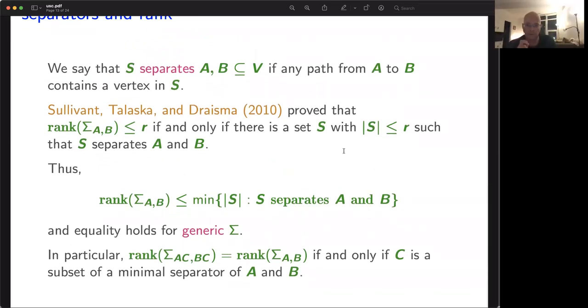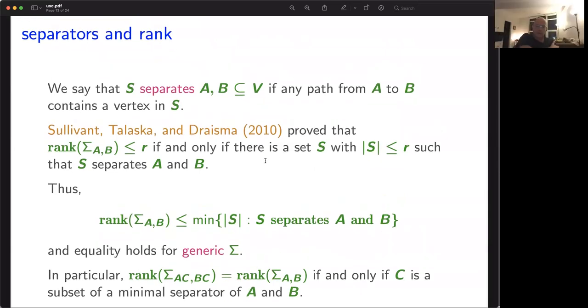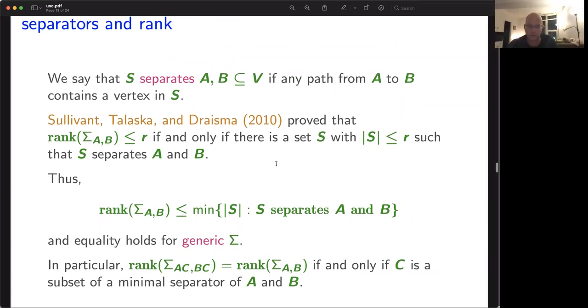Yeah. If A is a single point and B is a single point. Right. Oh, okay. It's something about K tree width that tells you this? Right. No, this is true totally in general. This has nothing to do with tree width.